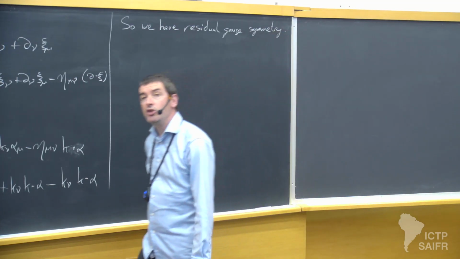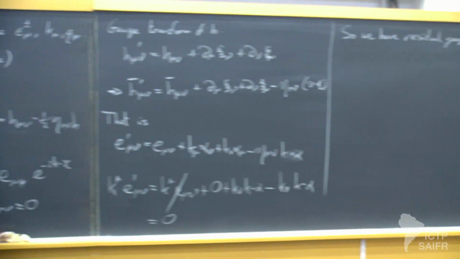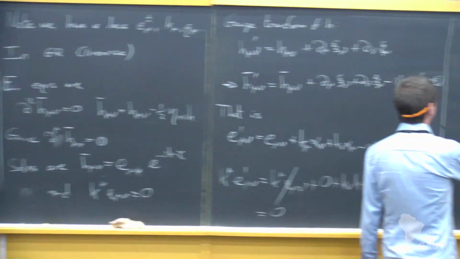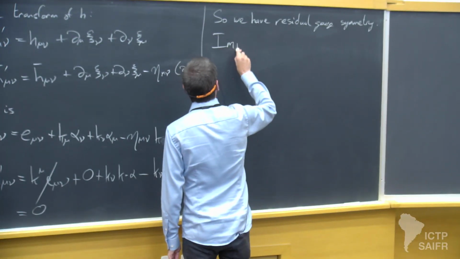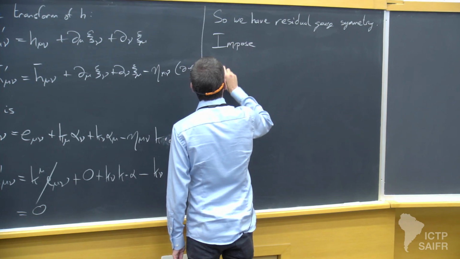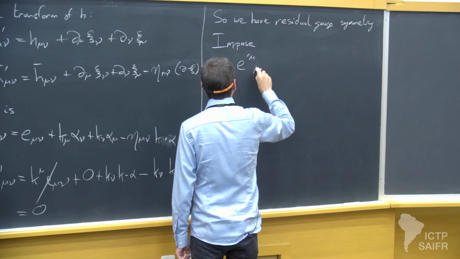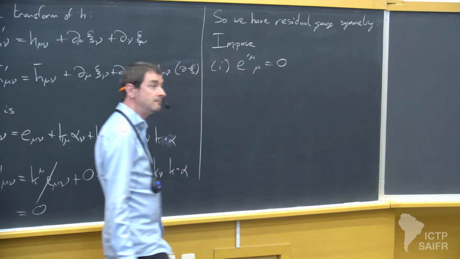So I am going to use that symmetry to impose 2 constraints on my E. There's 2 constraints that you can go ahead and impose. They're consistent. The first one is I'm going to require my E to be traceless.